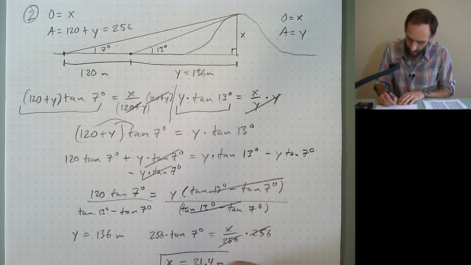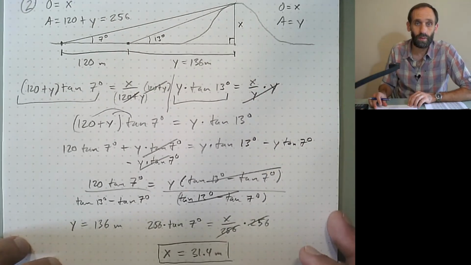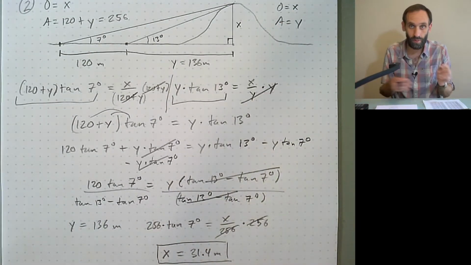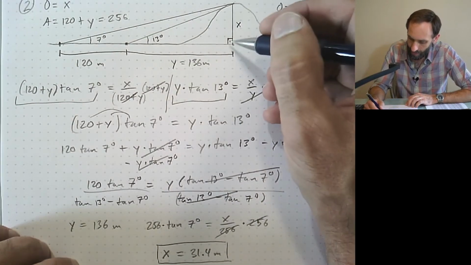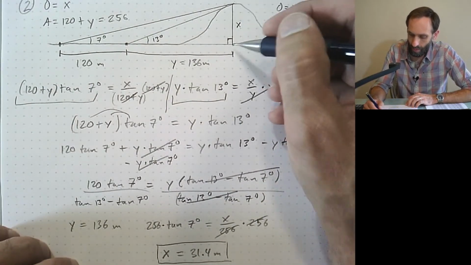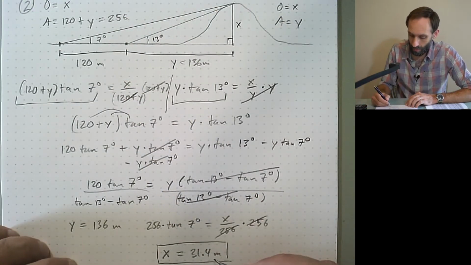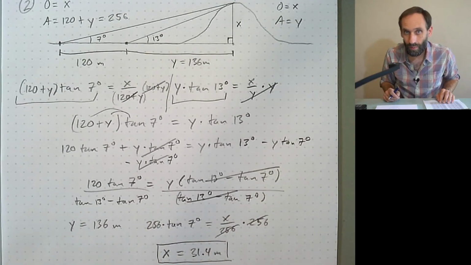Okay, so that means that this hill, if my measurements were accurate, and if my calculations are accurate too for that matter, hopefully they are, the height of this hill, the top of this hill above the level of the field where the measurements were taken, would be 31.4 meters, somewhere around there.